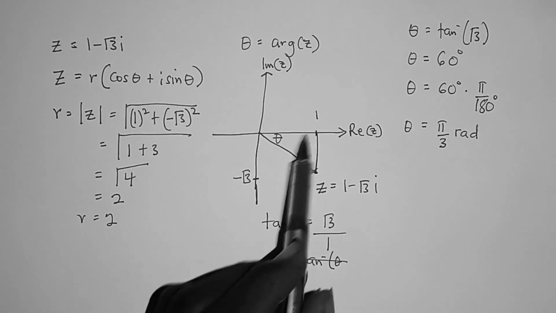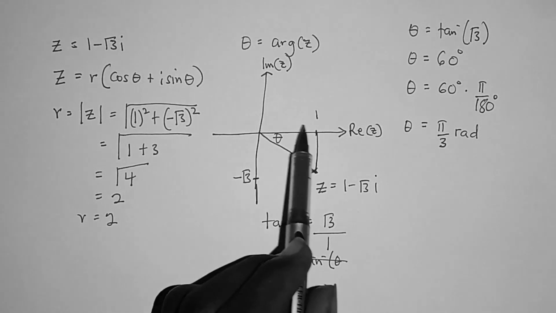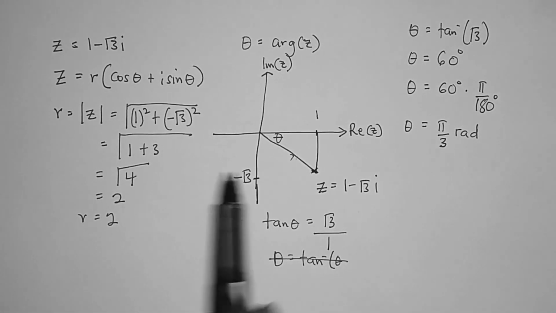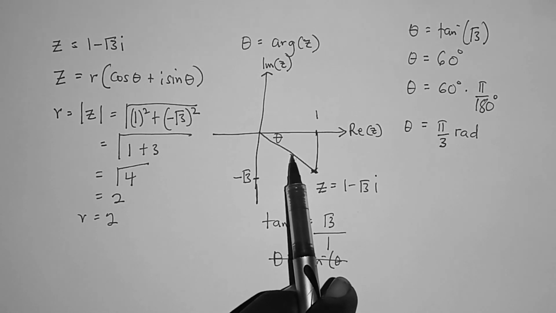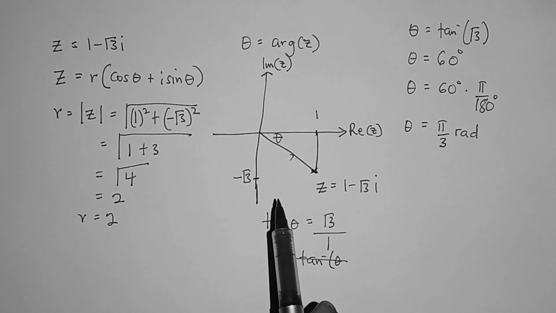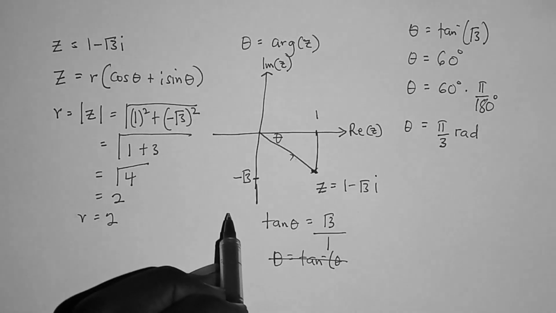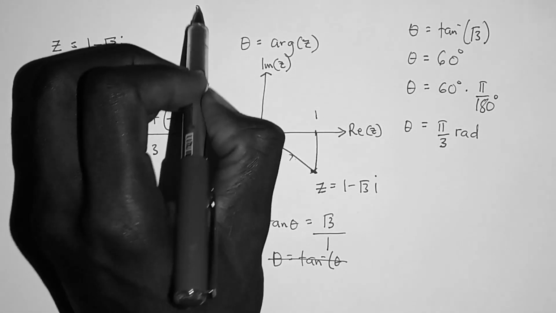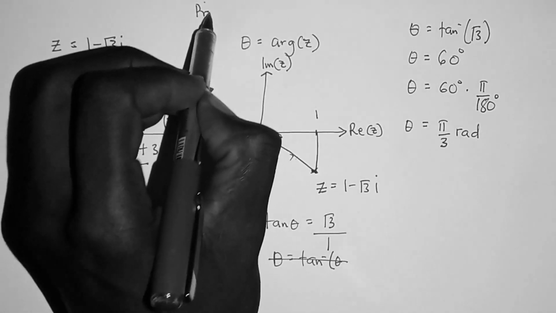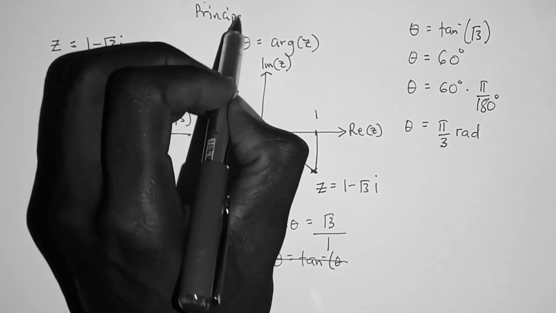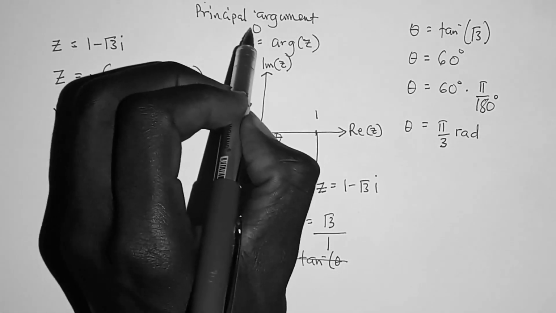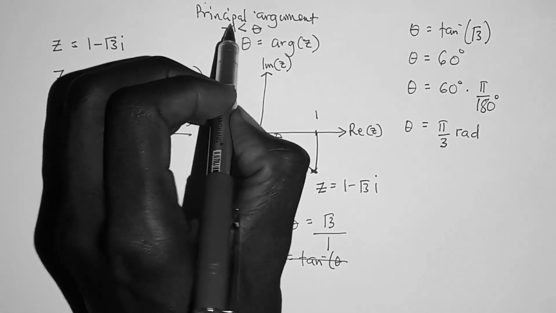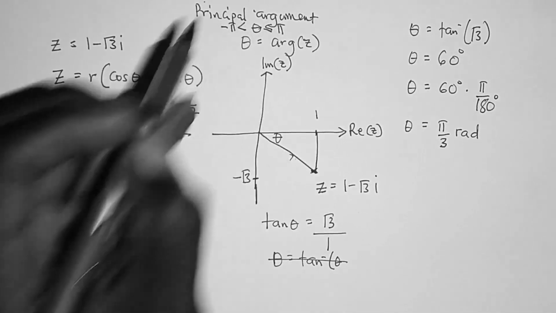However, if we start measuring it from this side to this side, you will see that at the end of the day, theta is going to be more than positive pi. But we said that for the principal argument, the value of theta should be greater than minus pi, but less than or equal to pi.